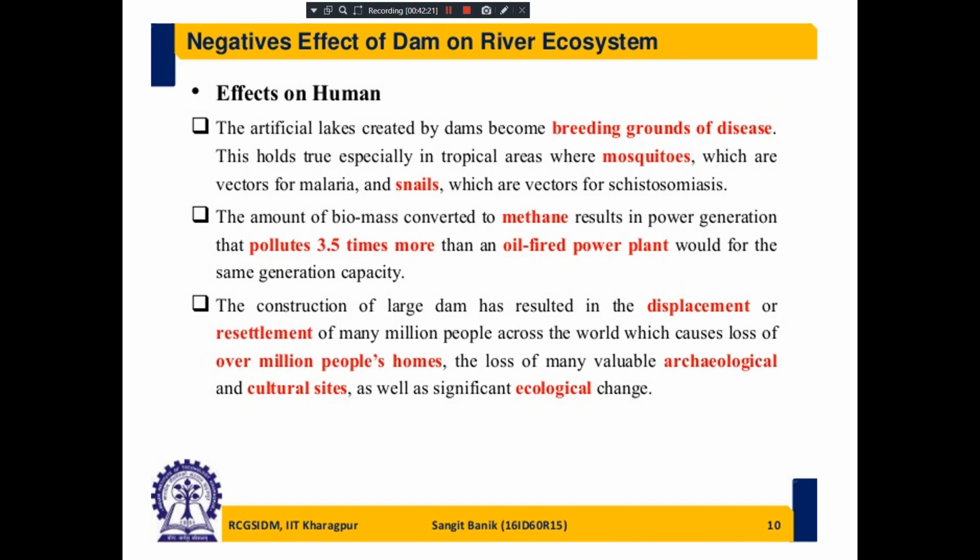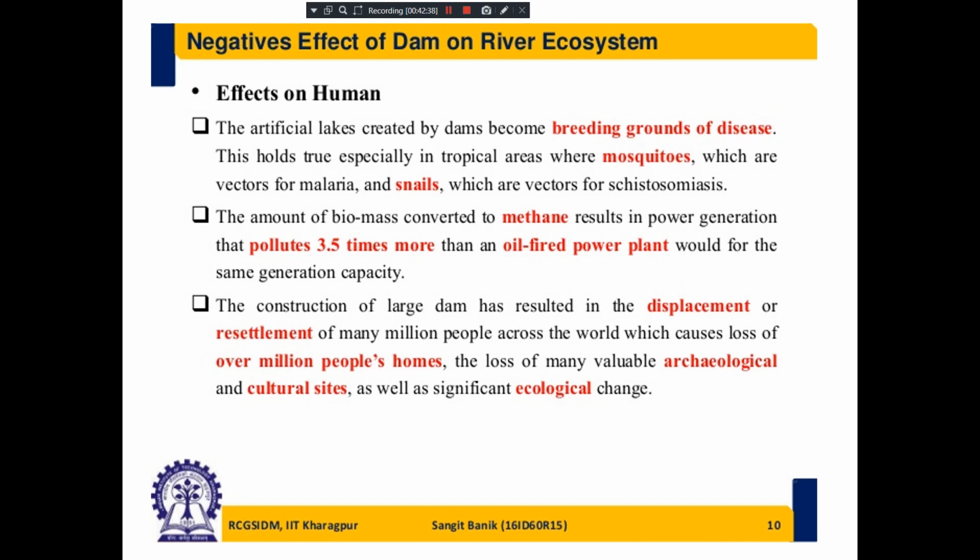So artificial lakes are created because of human beings only, and it is said that many of the dams are the breeding grounds of diseases, especially in the tropical areas.